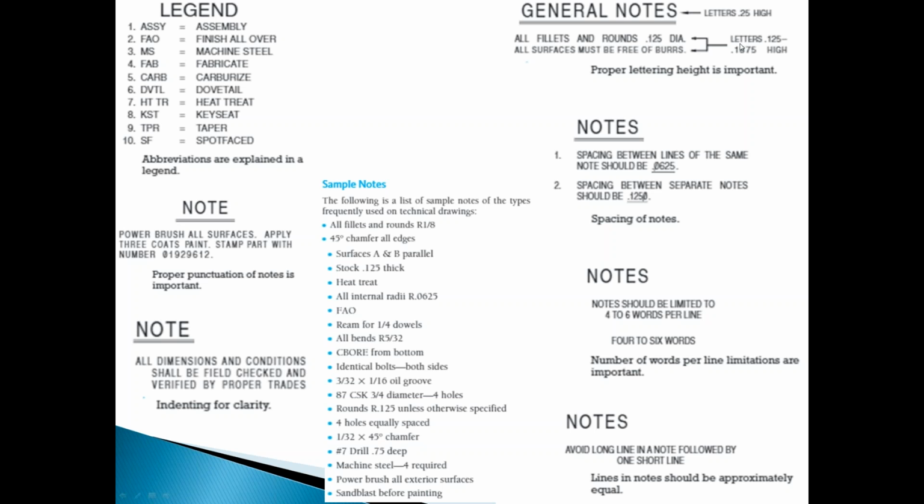This kind of lettering should be between 0.125 and 0.18 in height. The spacing between lines of the same note should be 0.06, and the spacing between separate notes should be 0.125.